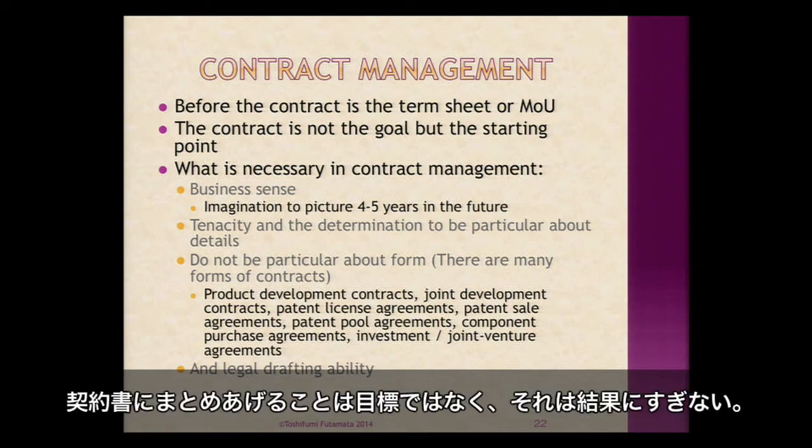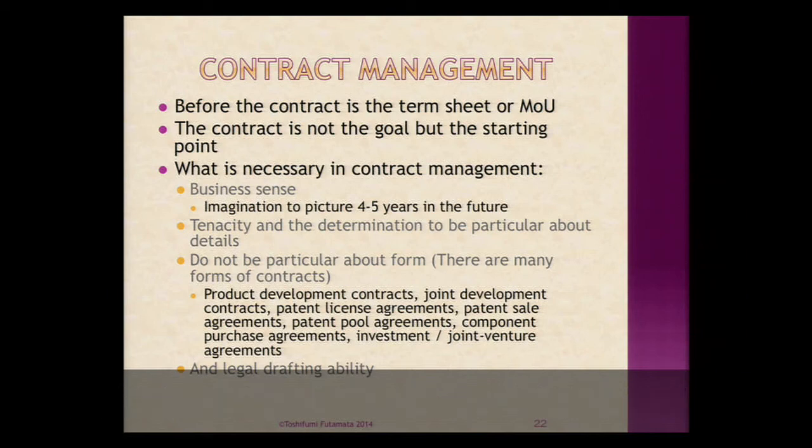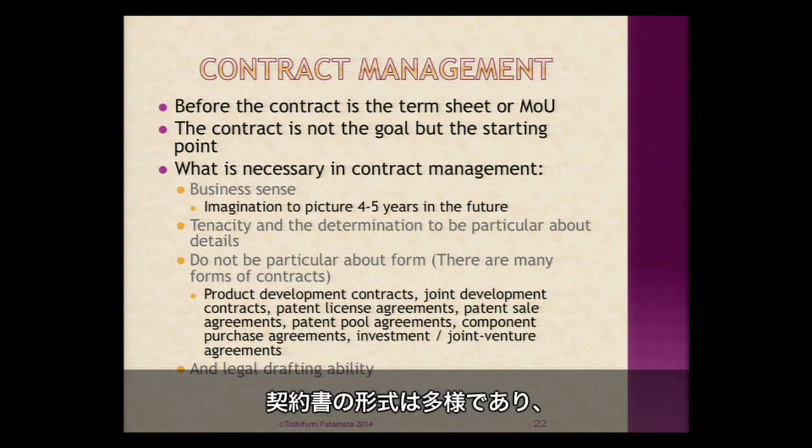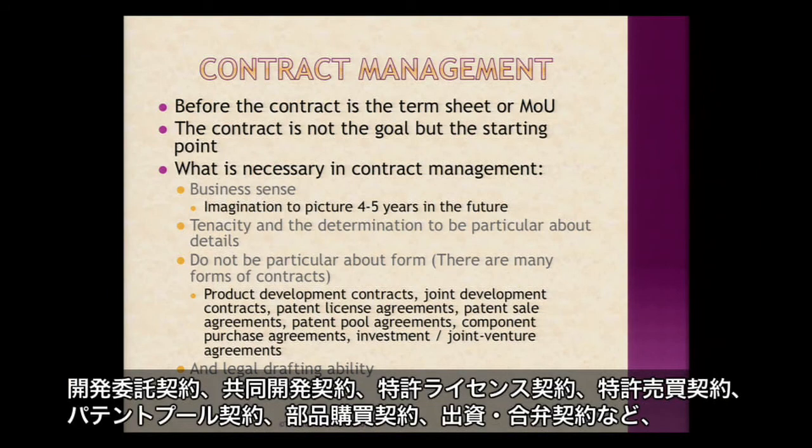Simply entering into the contract is not in itself the goal, but rather the outcome. Additionally, don't be particular about the form of contract. There are many various forms of contracts, including product development, and it is not so important to stick to one type of contract.